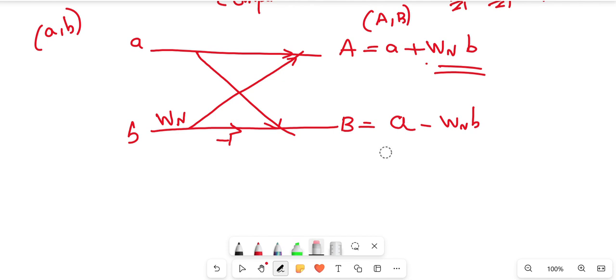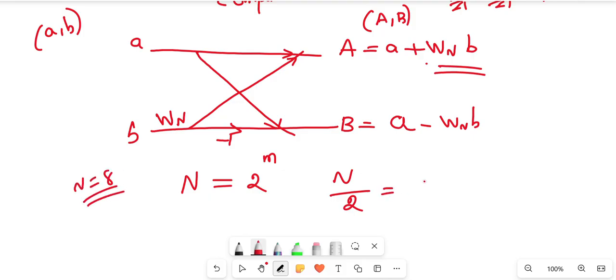For n equal to 2 power m, there are n by 2 butterflies. If n is equal to 8, n by 2, or 0.5 n, is 4 butterflies per stage.